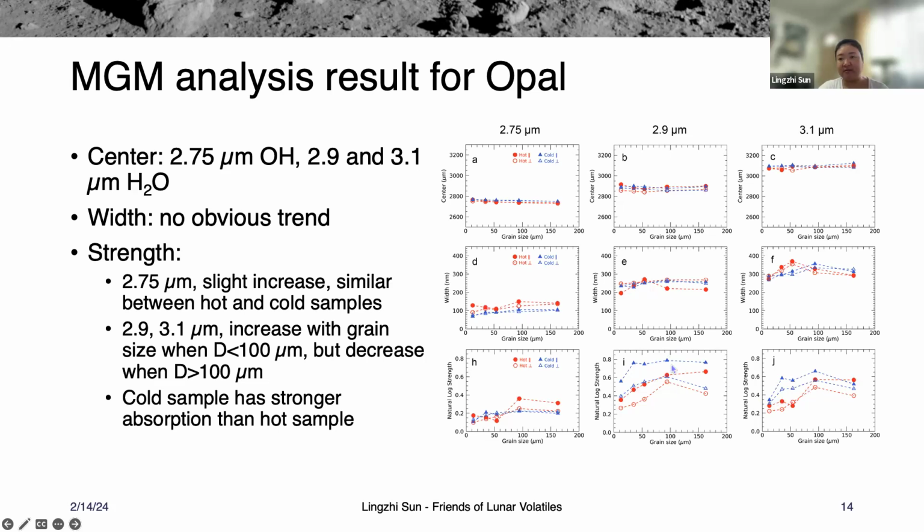But when grain size is larger than 100, the variations show a decreasing trend. That's kind of odd. And also, when grain size is smaller than 100, the cold sample has stronger absorption than the hot.